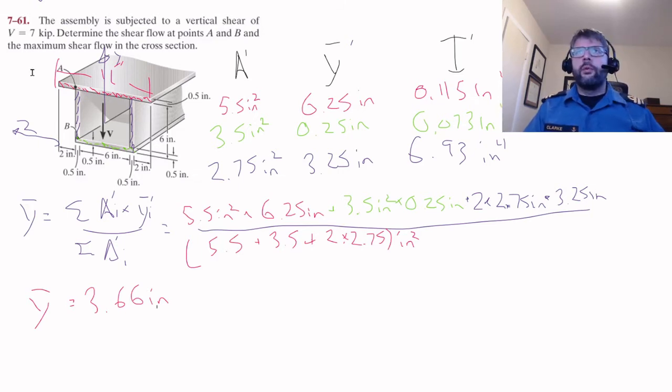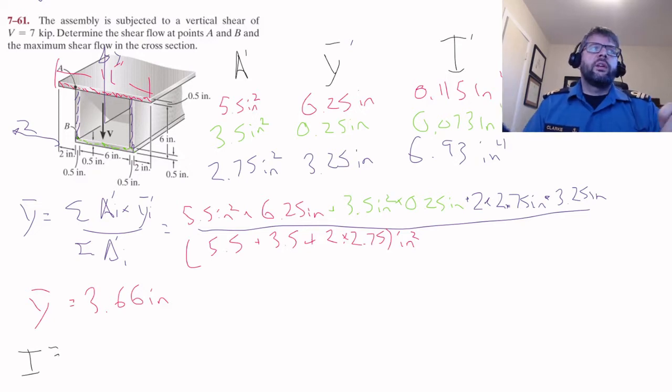So now to figure out what our I calculation is, again, that is just the individual components added together, plus, we're invoking our parallel axis theorem, so plus the area times their ybar squared. Again, that's the ybar relative to the centroid.